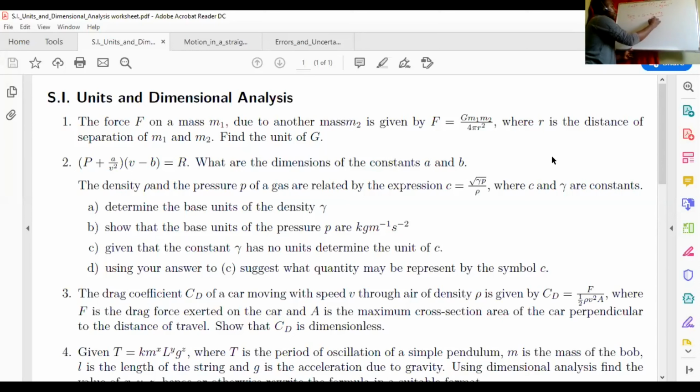R is distance, so it's meter squared. Right? So we can simplify. So you get kilogram meters over second squared is equal to G. Kilograms times kilograms is kilogram squared over meter squared. All right, so what do we do from here?